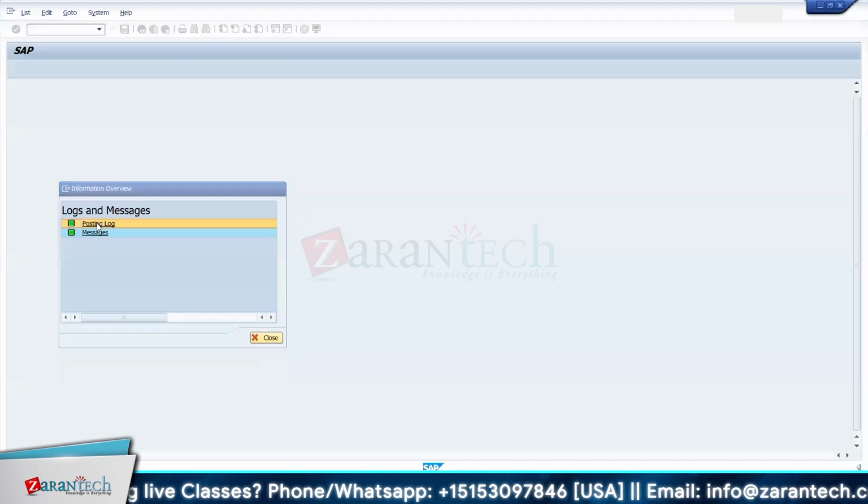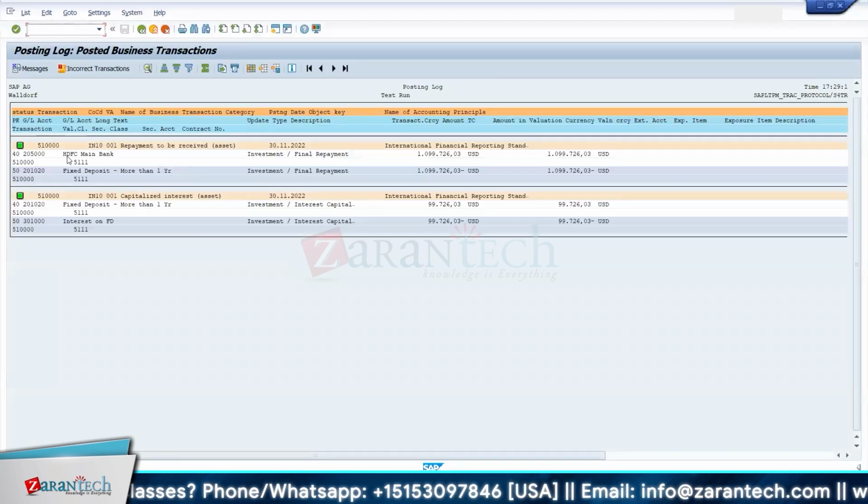So now this is done. Here you can see one accounting document is getting generated for the interest, which is getting capitalized here. And another accounting for the receipt of your matured fixed deposit amount. This is the main bank account debit.